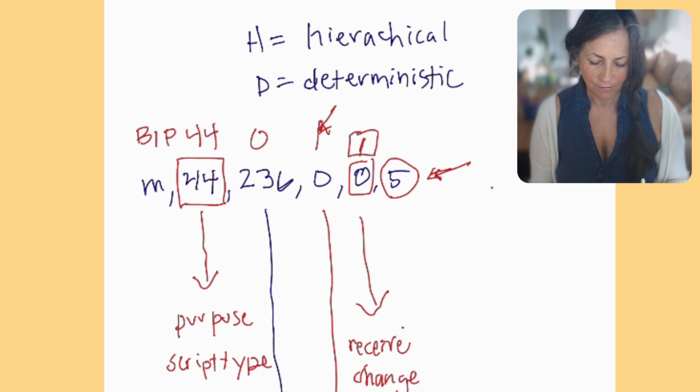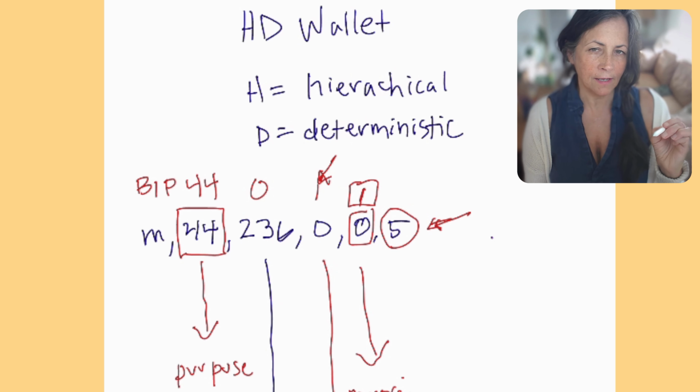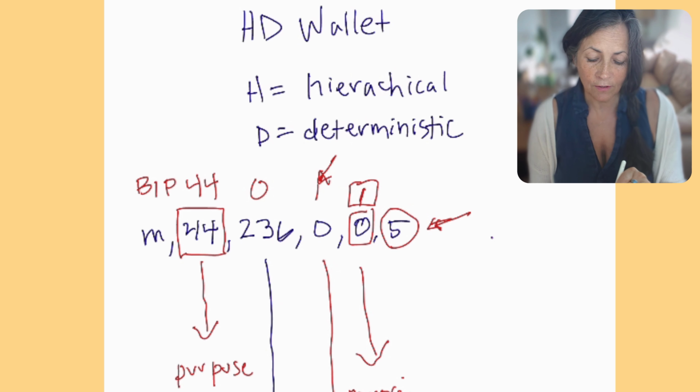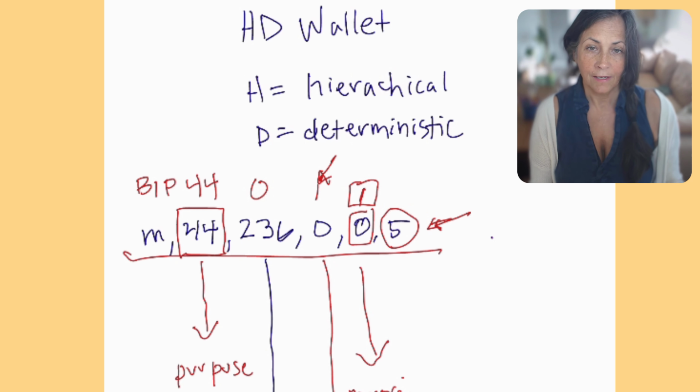Let's see, what else do I want to talk about here? Right, okay, so remember when I said Ledger uses this same structure? So imagine that you have one seed phrase and you have 10 crypto in that wallet. So your seed has to follow this convention, and they do that.